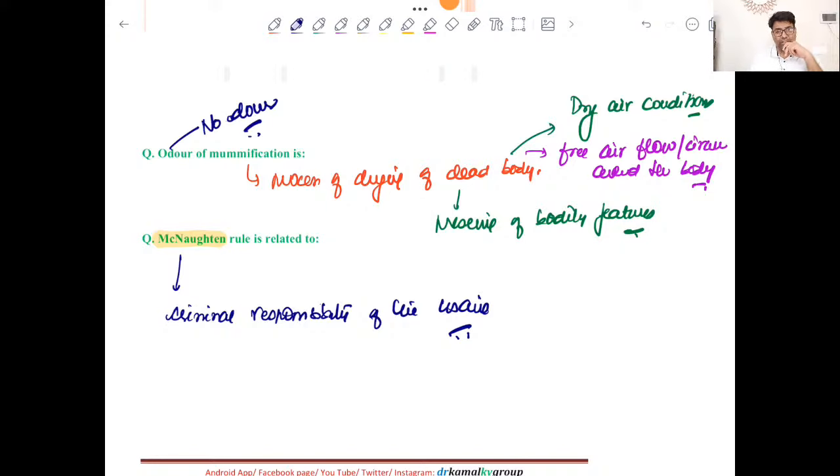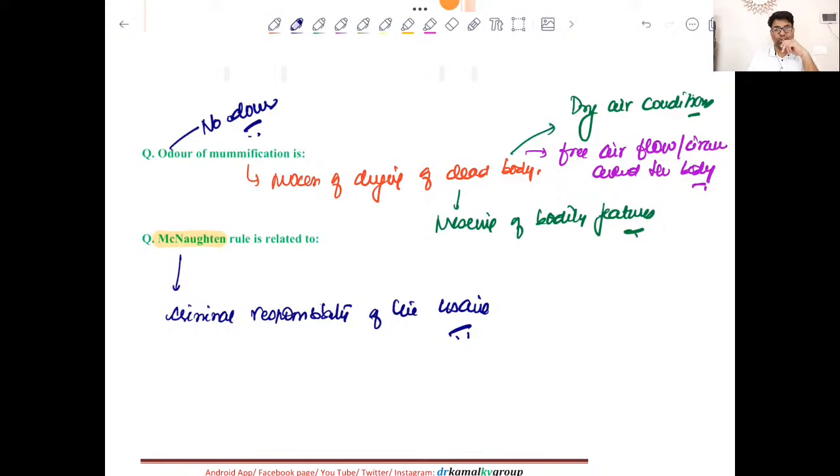It means if someone is committing a crime and it is proved that he was not of sound mind and did not know what he was doing or what the implication of that act would be, then, yes, Sangmitra, they cannot be held guilty or responsible, because they were not in that state of mind to assess the outcome of the act.